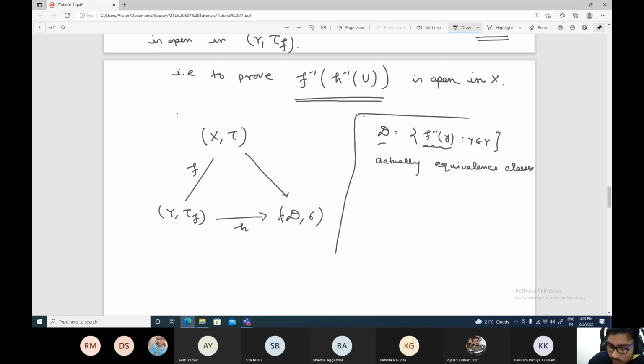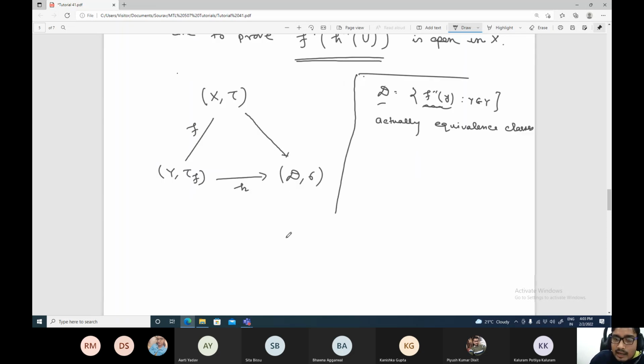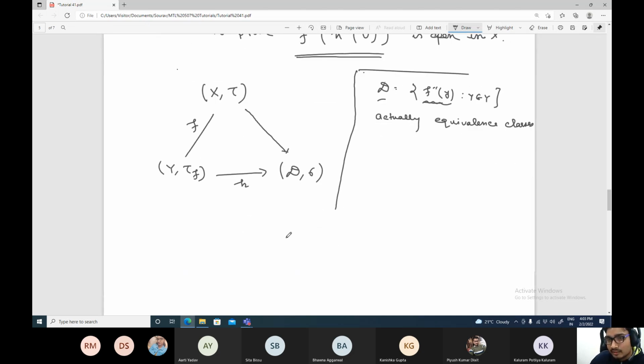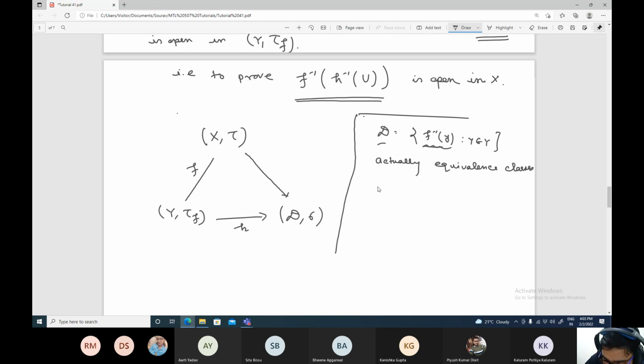Now, do you remember I defined the quotient topology in the last class by giving an argument. So here, we had X star, another class of partitions, we had a map P where P of x was the class containing x, right?